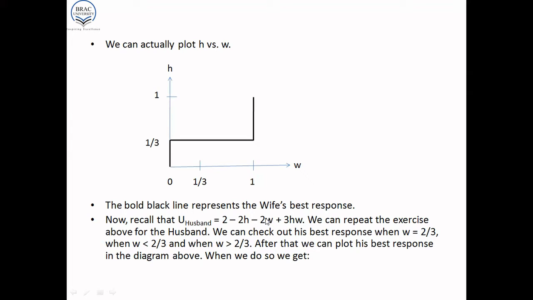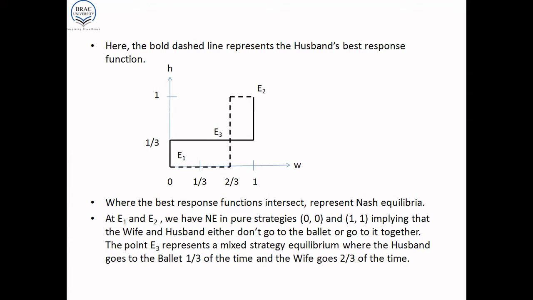And 2 into 2/3 is 4/3. 2 minus 4/3 will give you the expected payoff of the husband as equal to 2/3. So let's plot the husband's best response function on this diagram. When we do it, this is what we get.